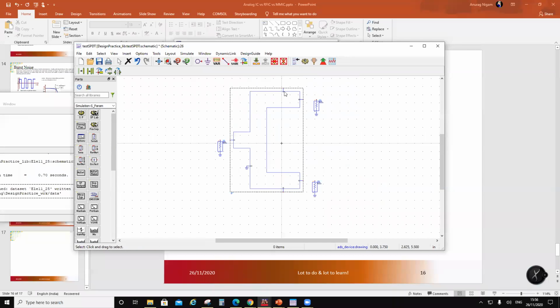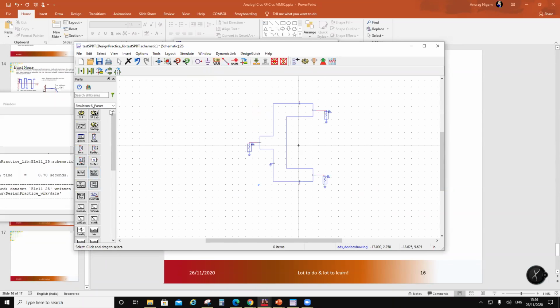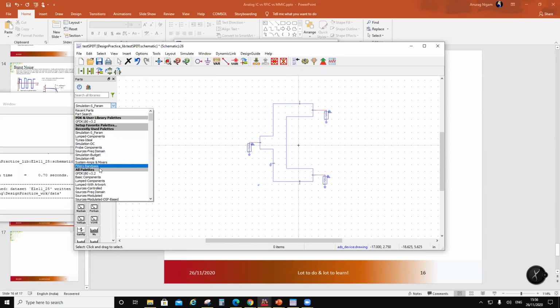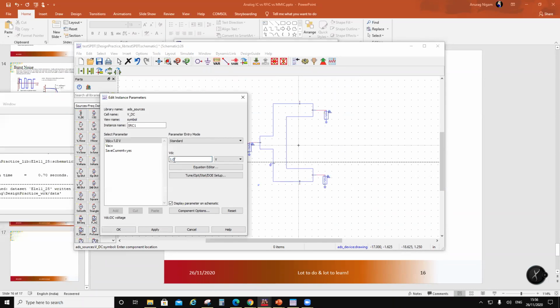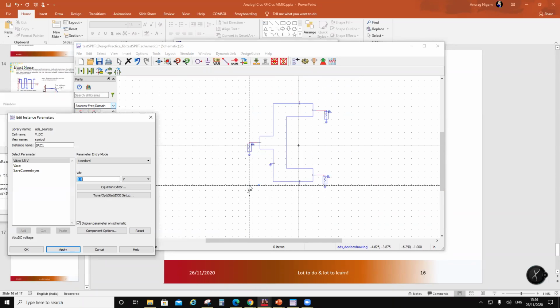And I'll just connect it. 1, 2, 3. And I am going to use 2 supplies here. Sources, frequency domain. Okay, one I'll be using 1.8 volts. Apply. Put it here. Other I'm going to do as 0 volts. Apply.